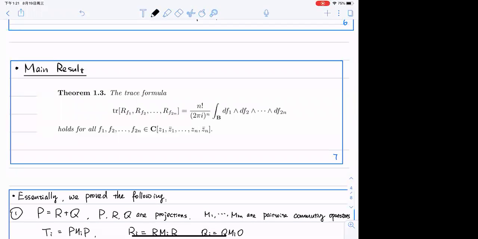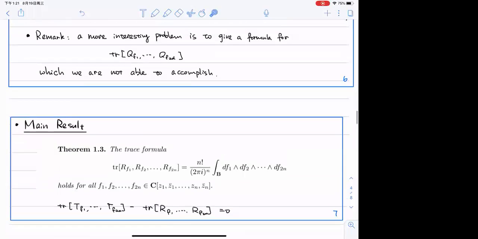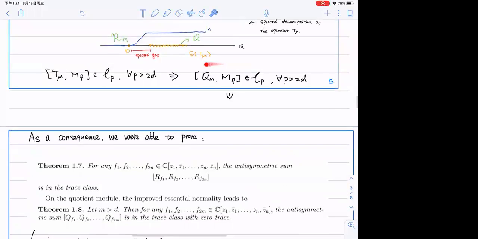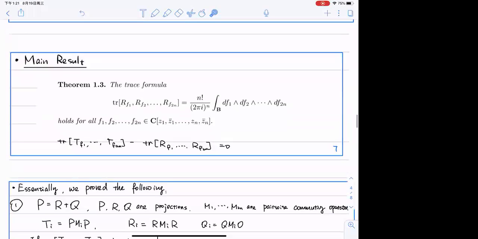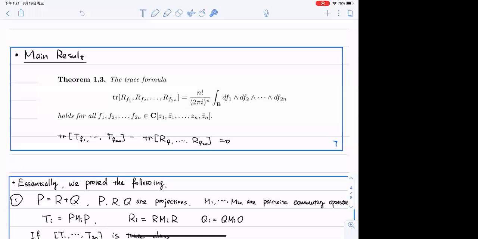Essentially, we are proving that the trace of the usual Toeplitz operators and the trace of the submodule Toeplitz operators are the same. When you look at it, you expect it to be very easy, because you have this improved commutativity. That was what we thought in the beginning, and you actually can prove such results given that the dimension is small.